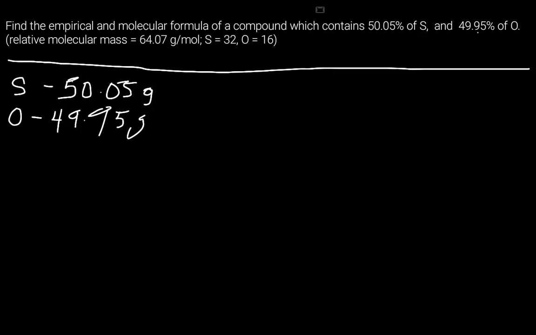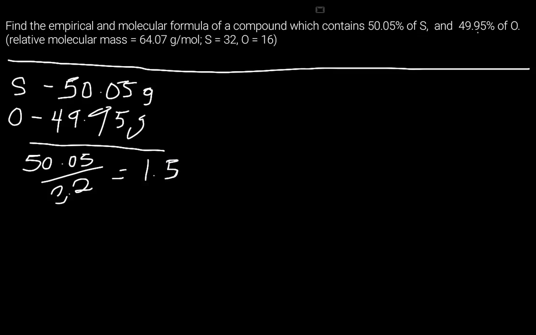Exactly how we did the previous one, we divide 50.05 over 32 for sulfur, and we get 1.56. For oxygen, we divide 49.95 by 16 and get 3.12.